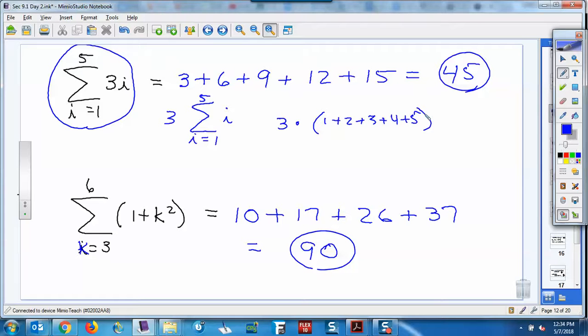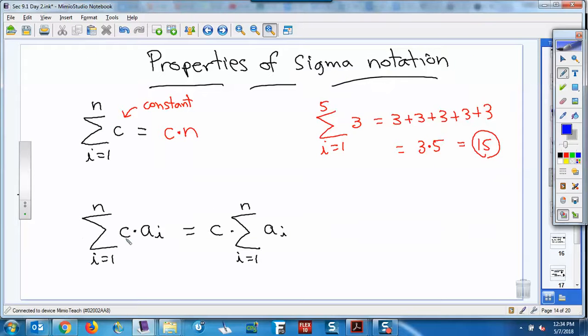We put a 1 in for i, 2 in for i, 3 in for i, 4 in for i, 5 in for i. And then this is 6, 10, 15. This is 3 times 15, which would also be 45, right? So you have a constant multiplied inside the sigma. You could just pull that constant out in front, if that simplifies things for you, okay?